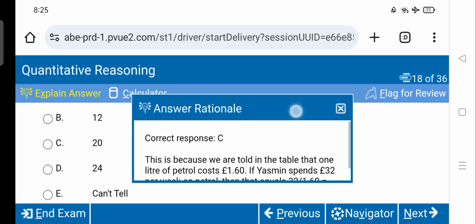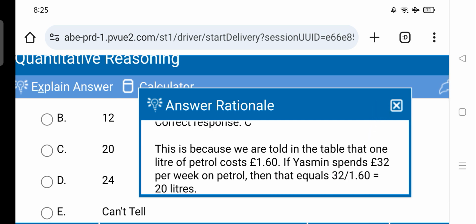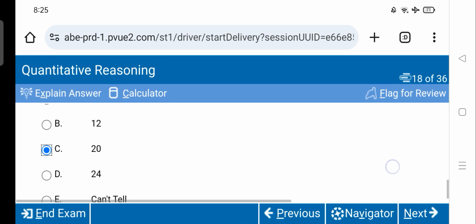So the correct response is option C. This is because we're told in the table that 1 liter of petrol costs 1.60 pounds. So if Yasmin spends 32 pounds per week on petrol, then that equals 32 divided by 1.60 pounds equals 20 liters. So the correct response we have is option C, that is 20 liters.